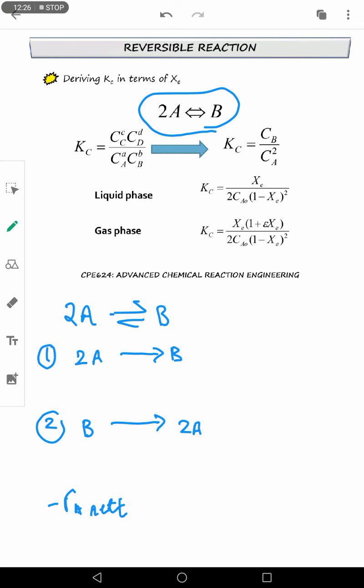Kemudian actually you need to find the stoichiometry for CA and CB. So then only you can actually get this kind of term. How about trying it? Okay, thank you.